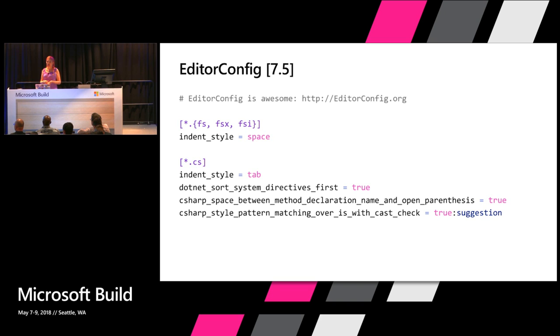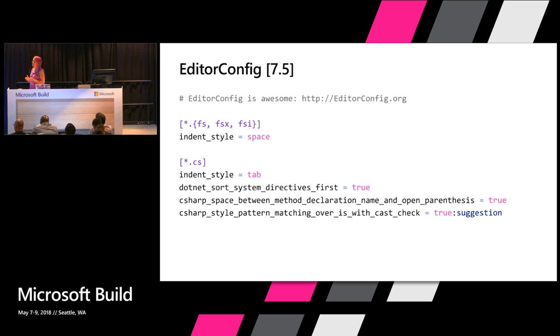Roslyn has extended the EditorConfig format by also allowing you to define things like whether system directives should be sorted first when you sort usings, or your formatting, like whether you want a space between your method name and declaration here. And you can also control some of the analyzers as well.